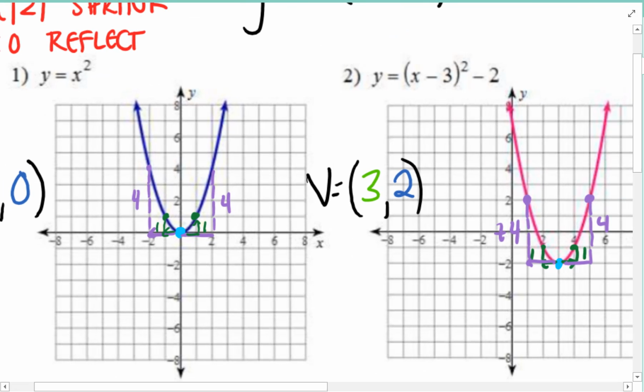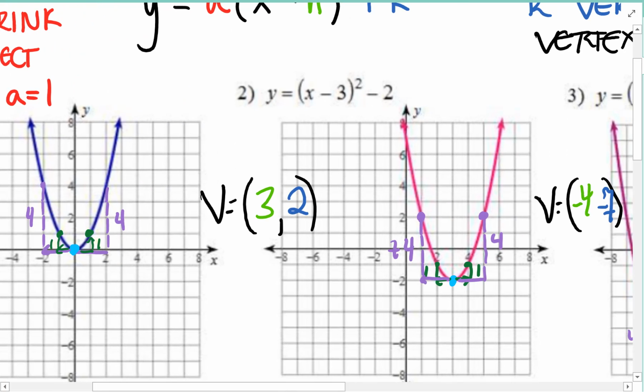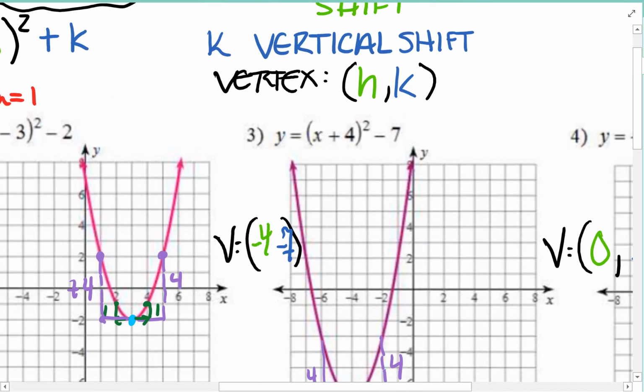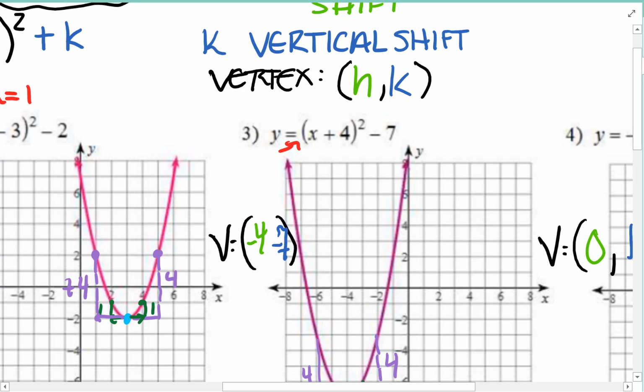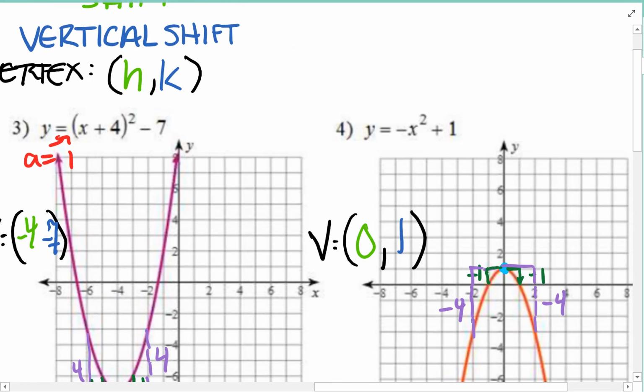The number that's being multiplied by the x squared here, there's no number written, so I know that A is 1. The number being multiplied in front, again, is 1. Here, A is 1. The number being multiplied by x being squared is negative.